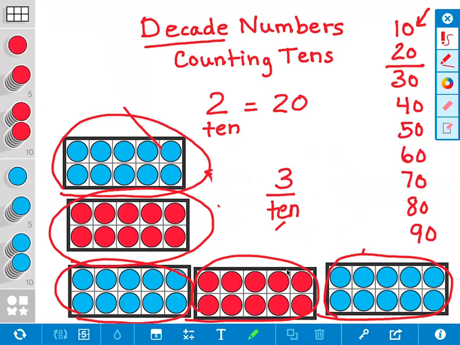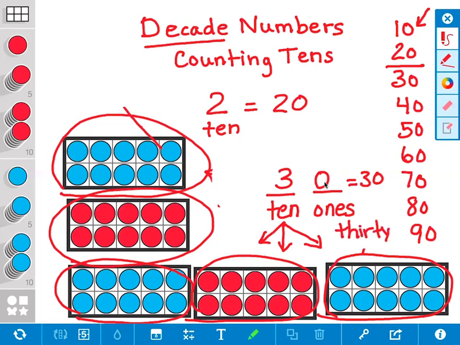Right here, 1, 2, and 3. And I have no ones, so you put 0 because that's what it means. So 3 groups of 10, 1, 2, 3, with no little ones left over, gives us 0 ones, and that makes the number 30.